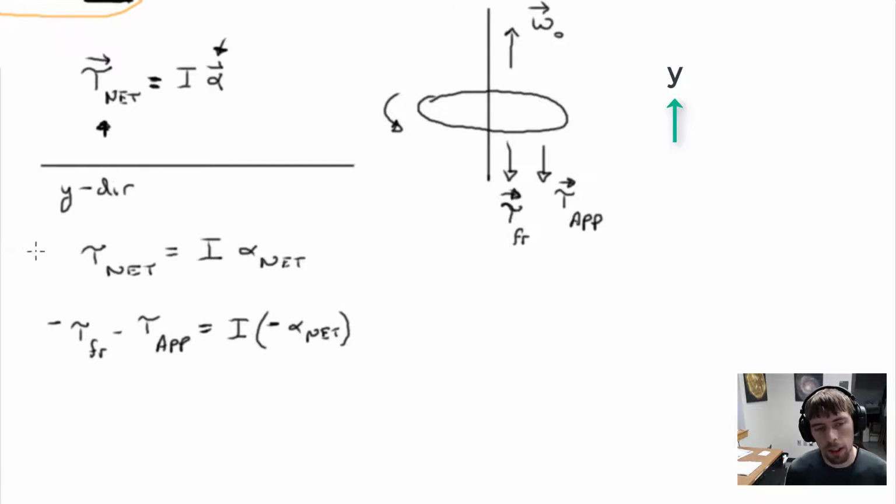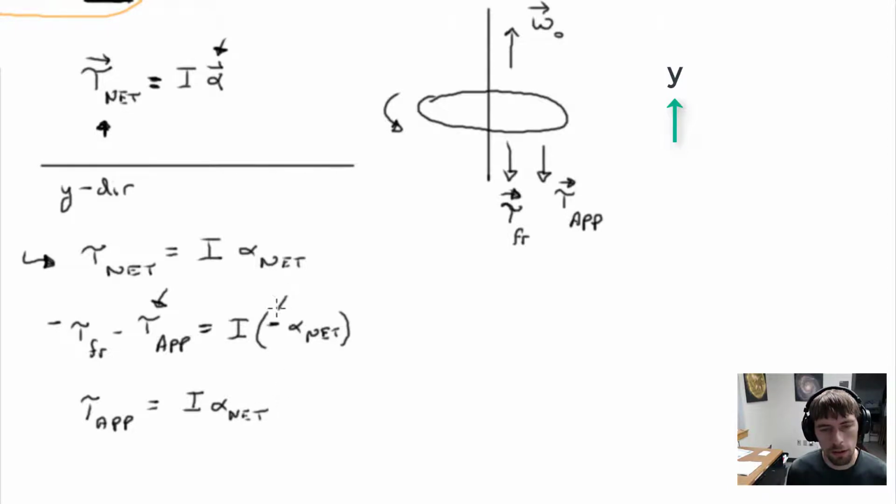Right, so what I want to say is here I was working very generically. Here's where I actually substitute in the specific torques that are being applied. Well, okay. Let's rearrange. We're after this unknown. So let's go ahead and rearrange. And we have something that says the applied torque is equal to, scoot that over, so I have I times alpha net.